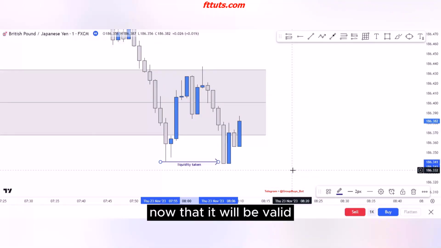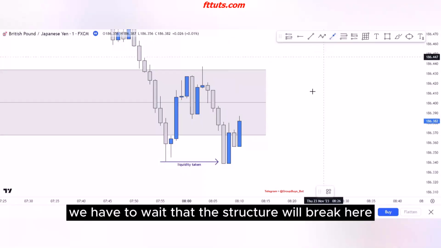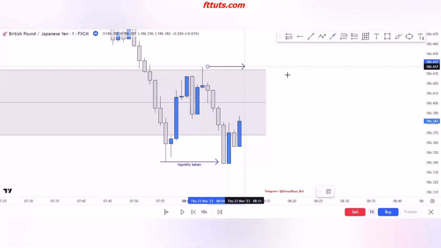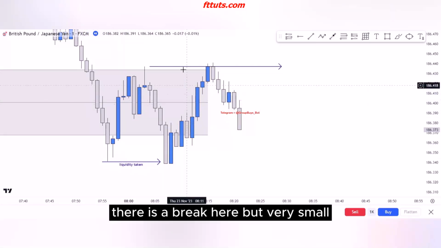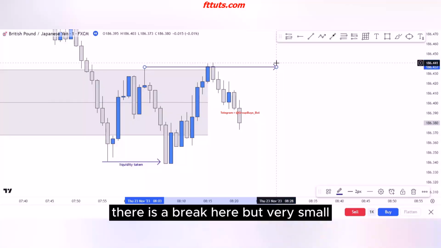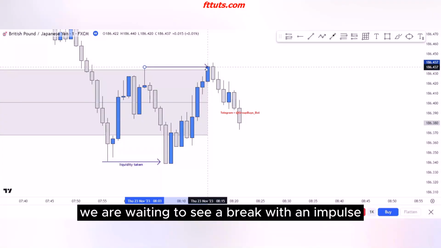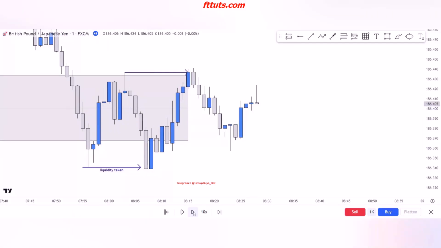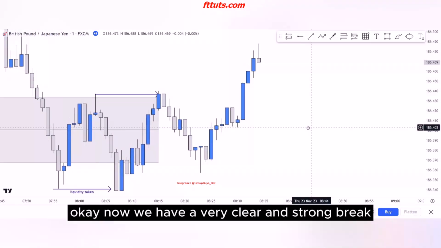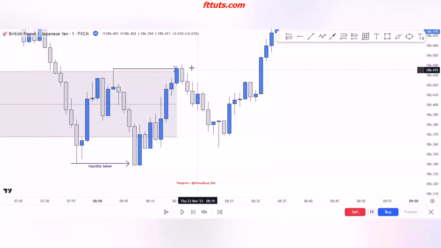Now that it will be valid, we have to wait that the structure will break here. There is a break here, but very small. We are waiting to see a break with an impulse. Okay, now we have a very clear and strong break.